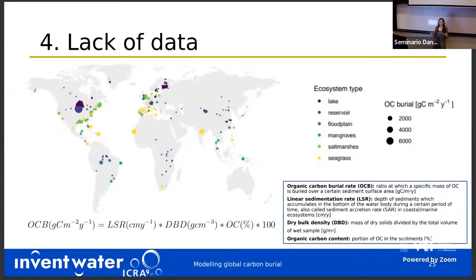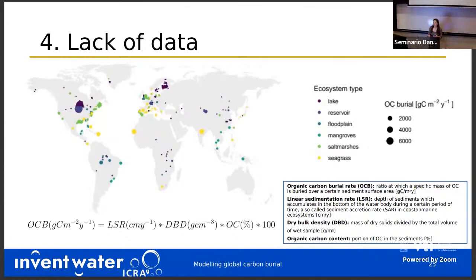For example, linear sedimentation rate is the depth of the sediments which accumulate at the bottom of the water body during a certain period of time. This is normally calculated using isotopic dating. But some studies use one isotope, some others use other isotopes, and some just use bathymetry, for example, to calculate these depths. So this makes the studies and the transferability of the data also very difficult.